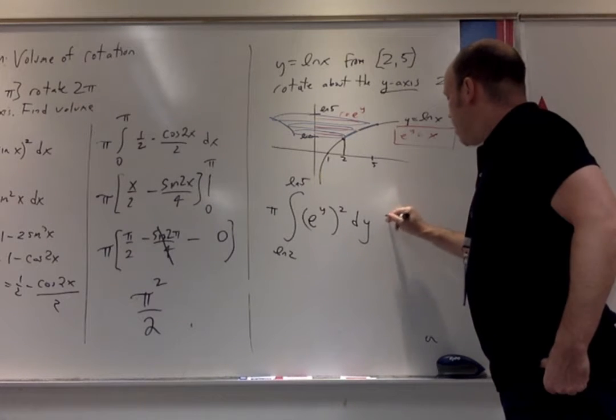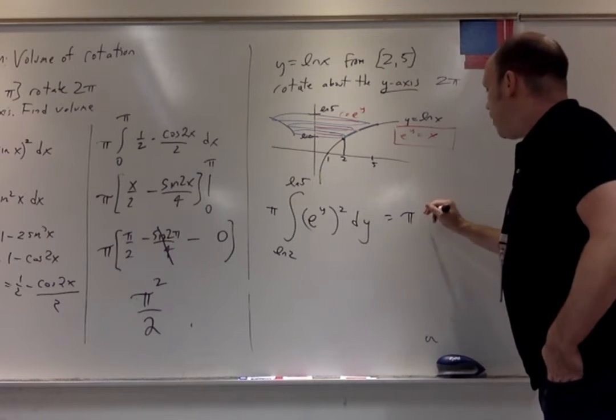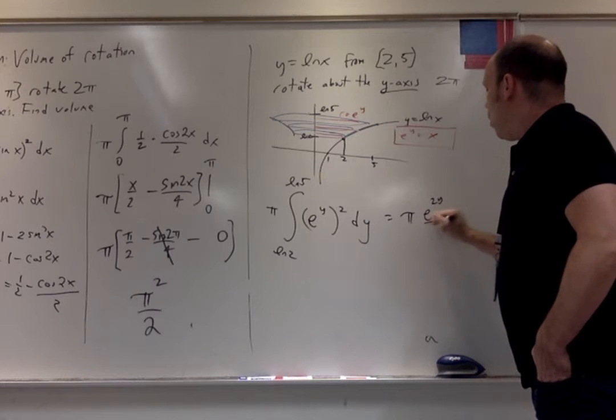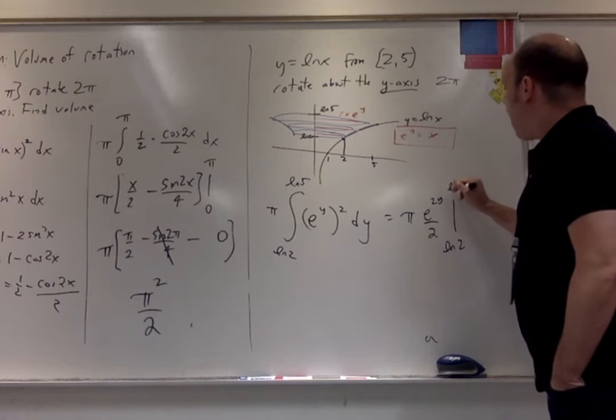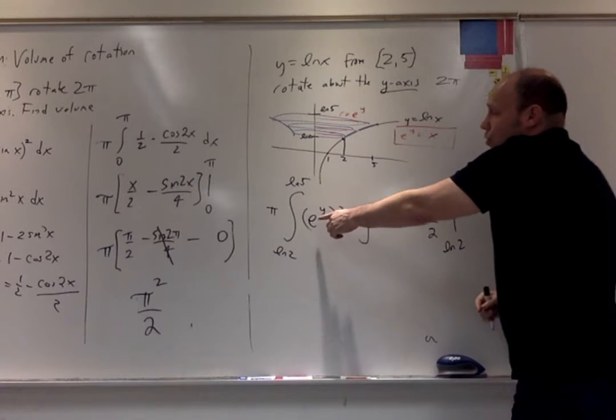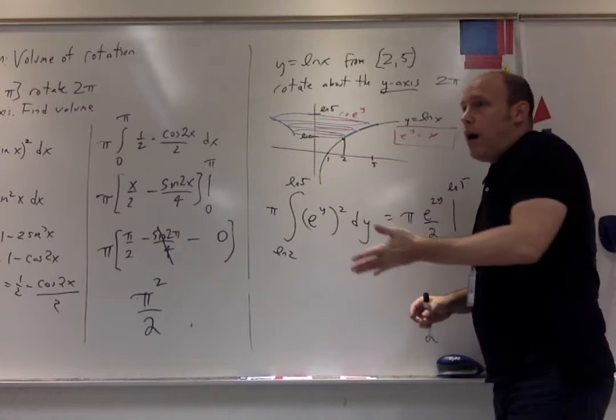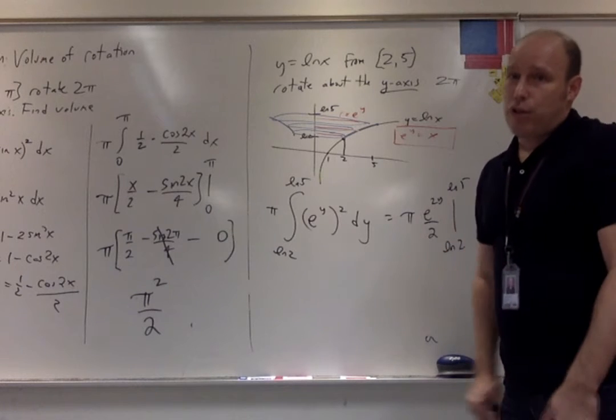We have pi times e to the 2y over 2 from ln of 2 to ln of 5. Once again, you're just integrating e to the 2y. That's a basic integration.